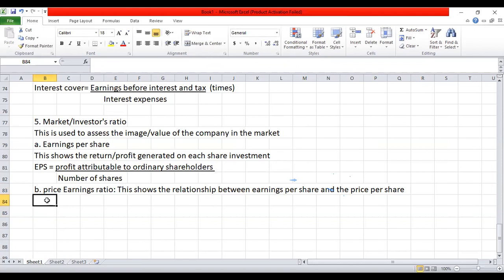So when we are computing our PE, we said it is the price per share divided by the EPS. This one is just a ratio.